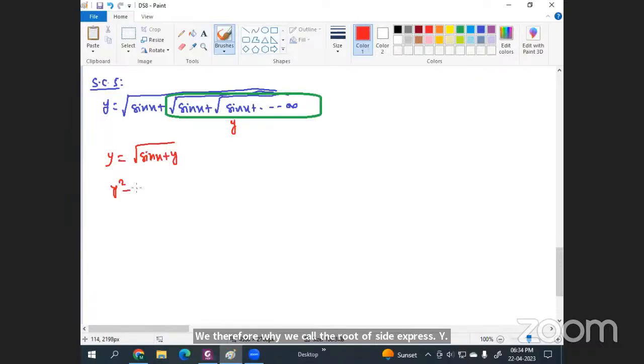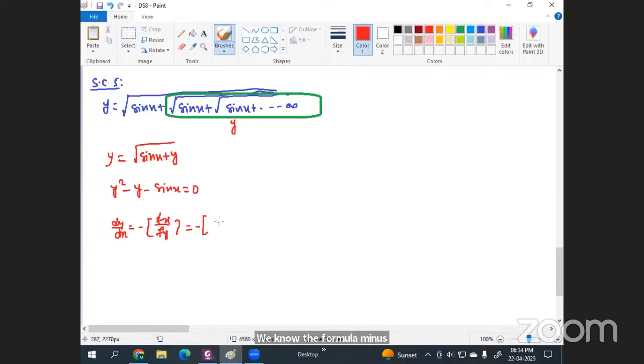Then y square minus y minus sin x equal to 0. Then I can differentiate now. So dy by dx equal to, we know the formula, minus fx by fy, that is minus cos x by 2y minus 1, that equal to cos x by 2y minus 1.